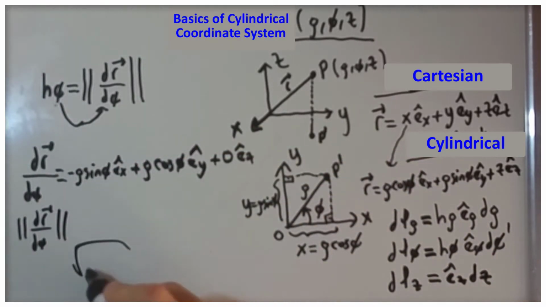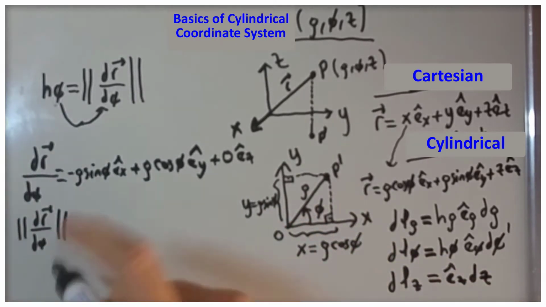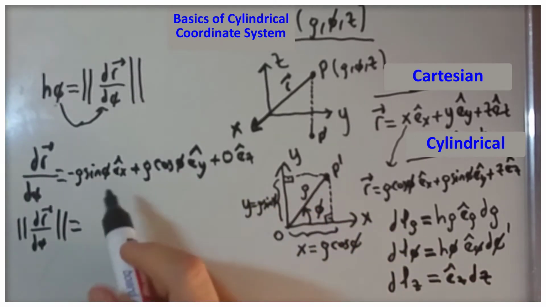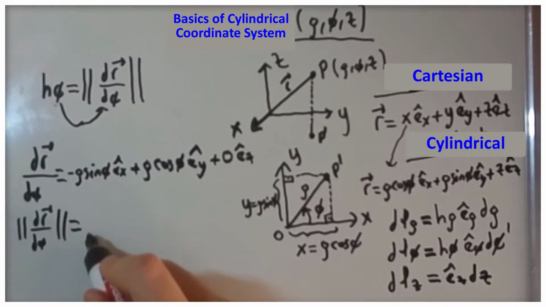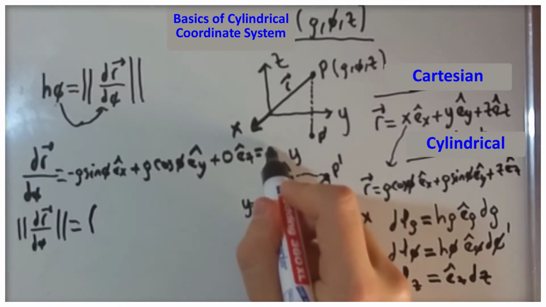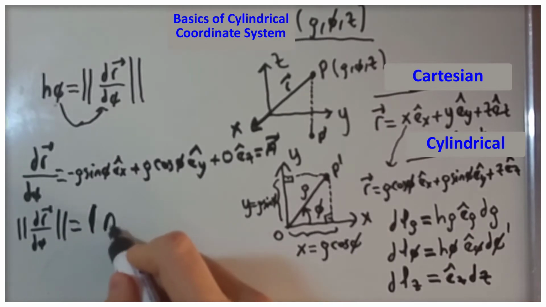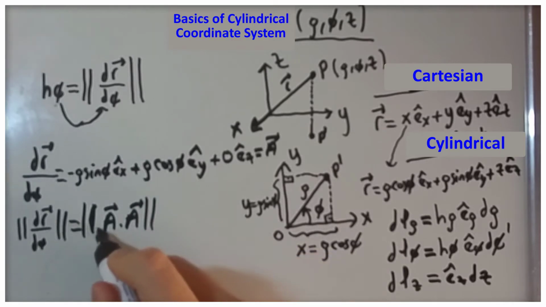If I wanted to find the magnitude of A, I would multiply A by itself and take the square root.